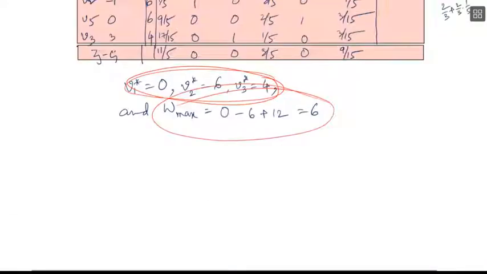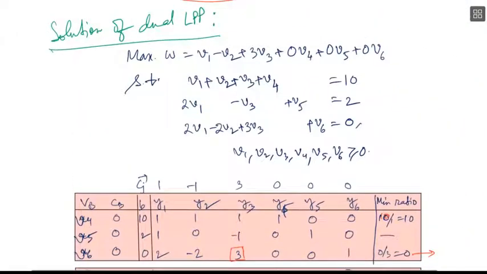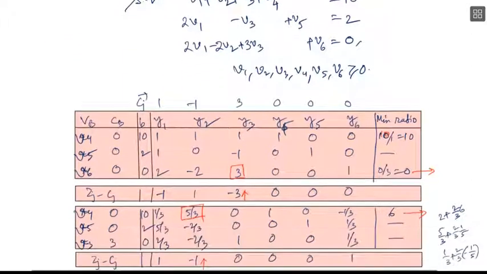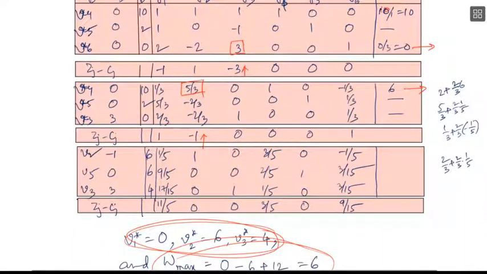And in the dual problem we see the slack variables we introduced were V4, V5 and V6, and we check the values of the Zj minus Cj's corresponding to their column. In the Y4 column, Zj minus Cj value is 3/5.